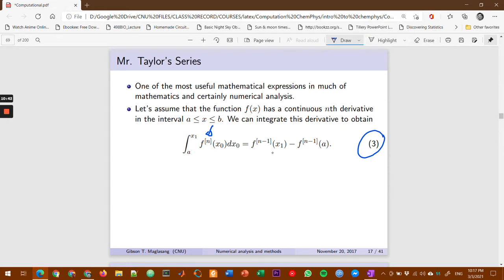Ang result sa integral is this, n minus 1, okay, x naught evaluated from a to x1. So, nganong n minus 1 man na, then kani kay n, di ba opposite man na ang relationship sa imong derivative and integral. So, this is derivative, this is integral. Okay? So, inverse man na siya.